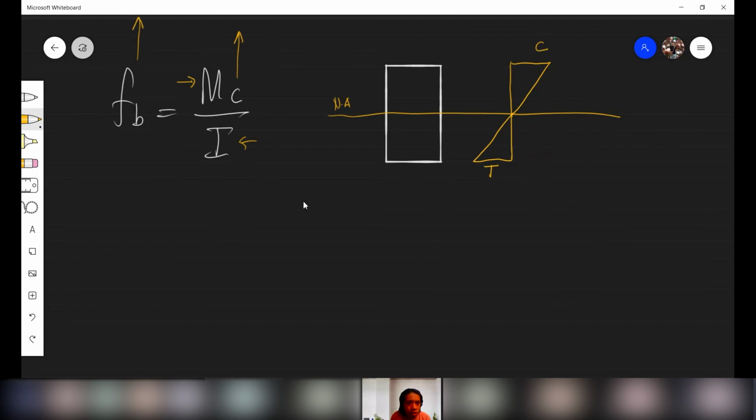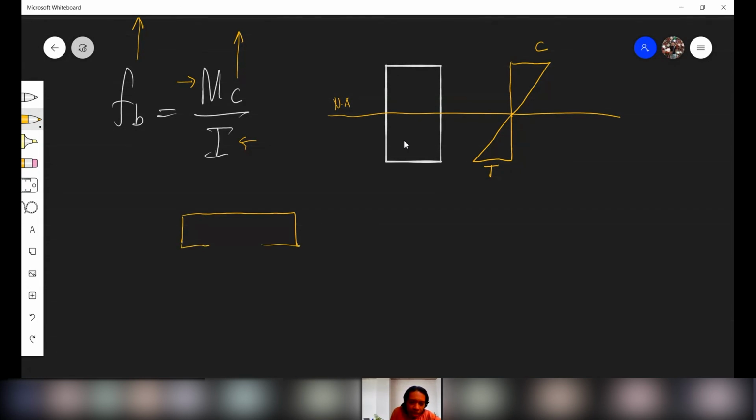The outermost fiber is correct, but that's not always correct. I mean, it's only half correct. For a rectangular beam, that's correct. But what if we have a different section? This topic is interesting. I enjoy this topic because there are many possibilities.